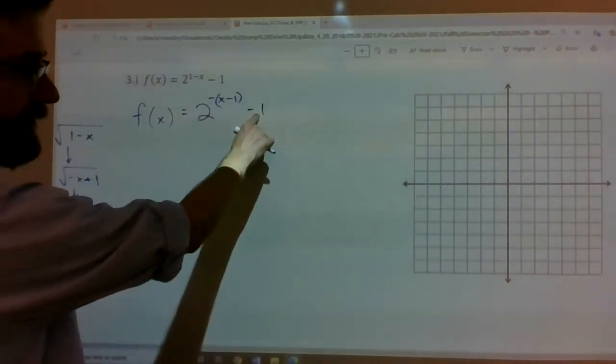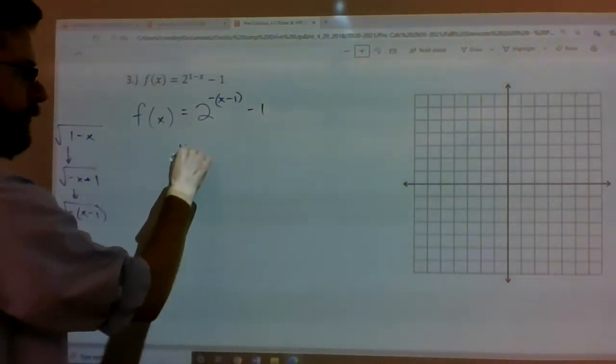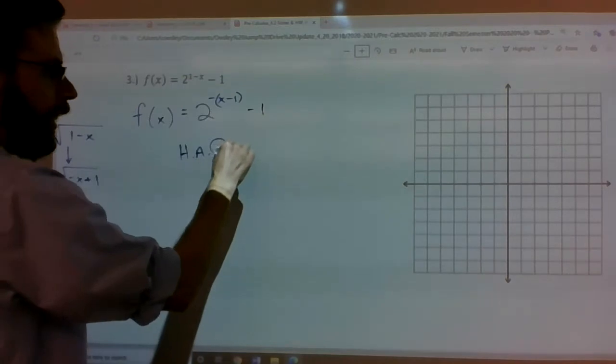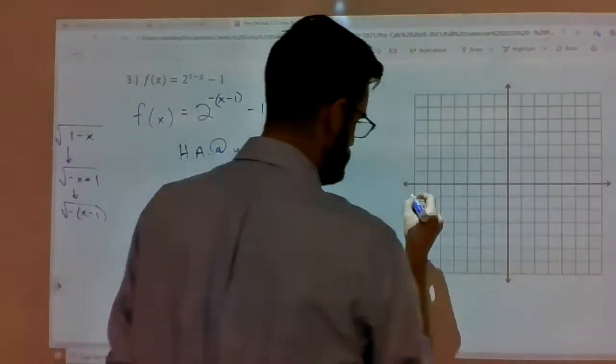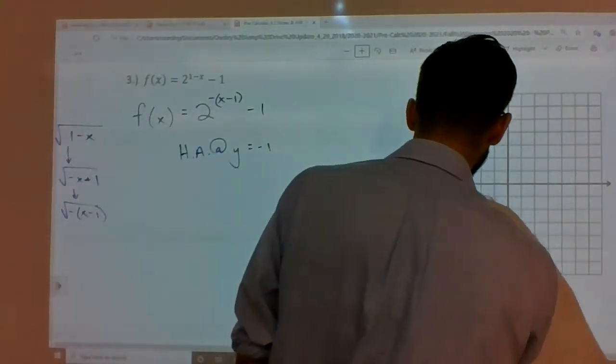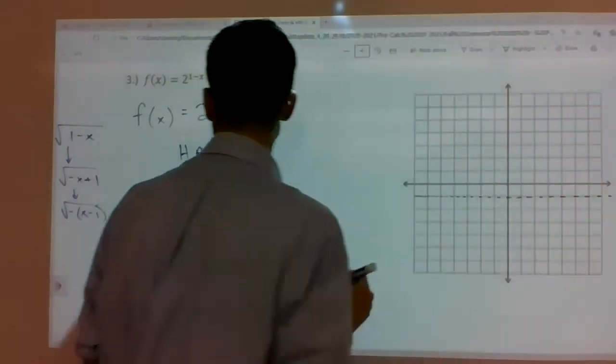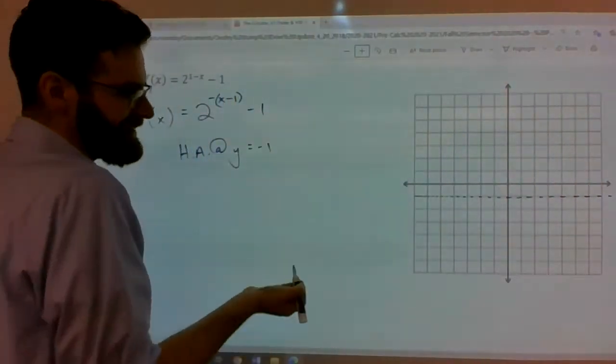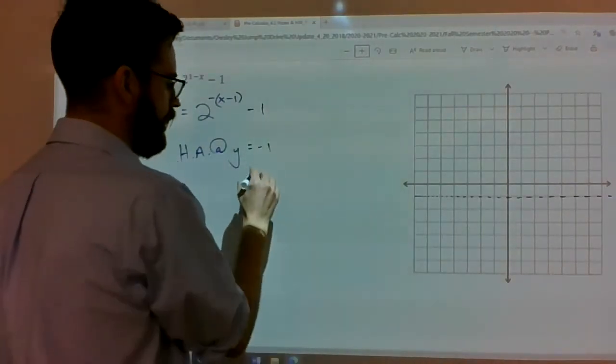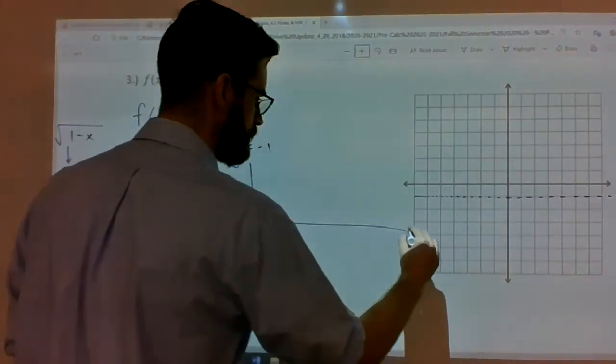Now, that doesn't affect our horizontal asymptote. We still have one at y equals negative 1. But it does have an effect on our table of values.